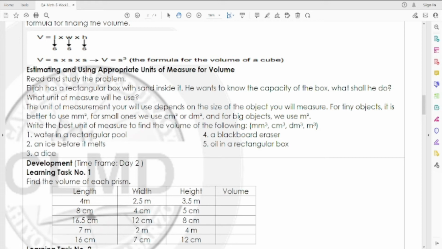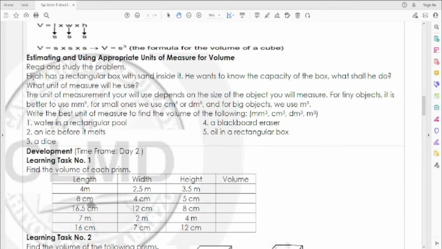Number 3, a dice. Number 4, a blackboard eraser. Number 5, oil in a rectangular box. We will choose from our answers here. It depends on the size of each object.